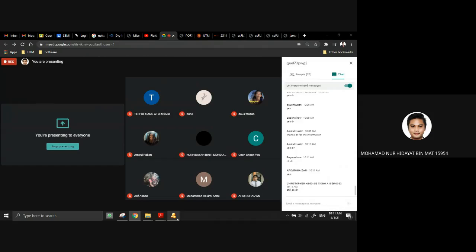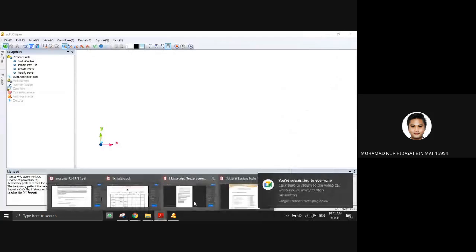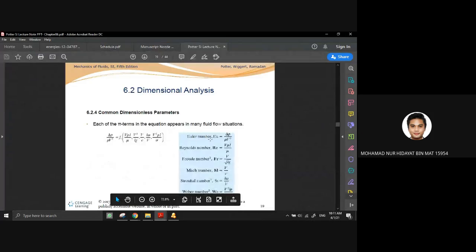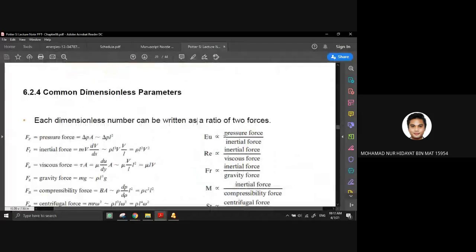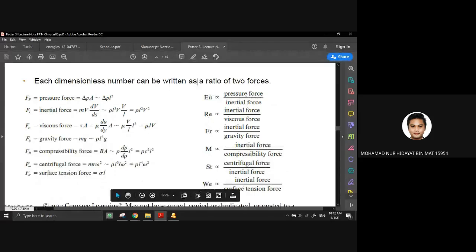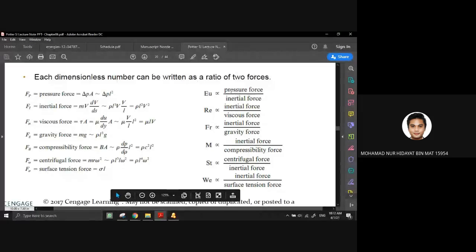Okay, still okay. Basically, the first thing is the definition; you need to know the definition first. The Euler number is this, and it is directly related to the pressure force over the inertial force. Now you see that all these numbers have the inertial force. The only difference is the pressure, the viscous, the gravity, the compressibility, the centrifugal, then the surface tension.